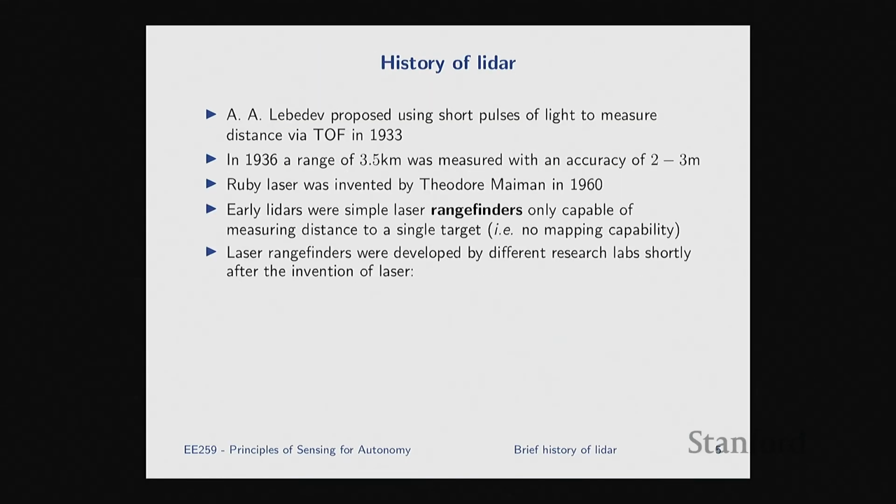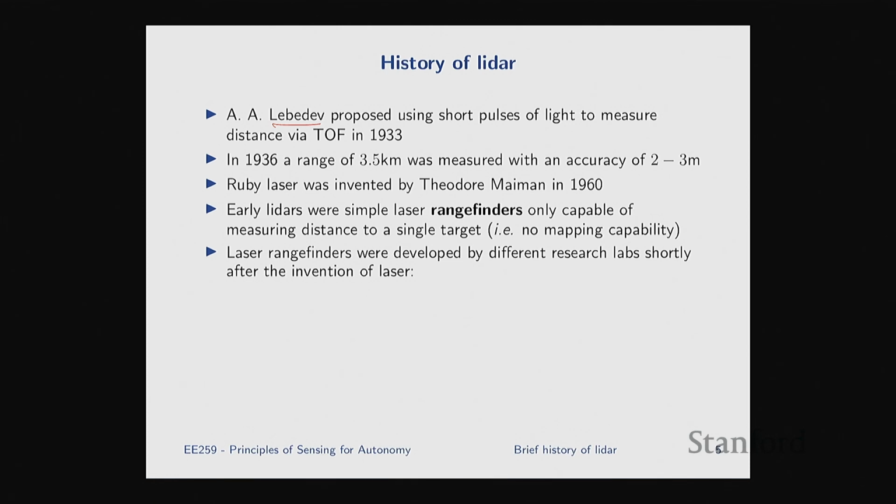And then about the same time, Lebedev proposed the idea of, instead of just shining a beam of light, what about sending short pulses of light? And again, this is pre-laser days. But if you send short pulses and look at the reflected echoes of those pulses, and here by echo, this is optical echo, of course, you can measure the time of flight.